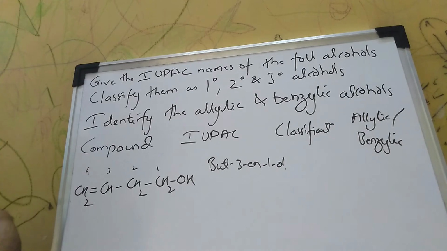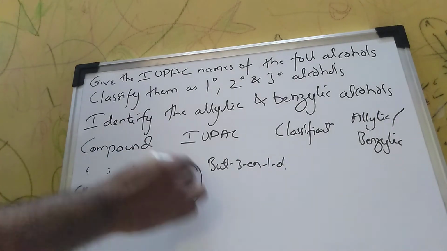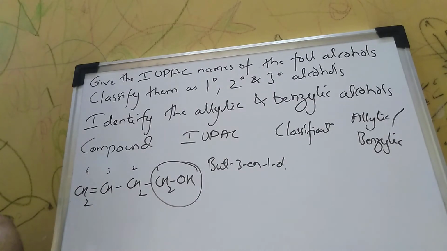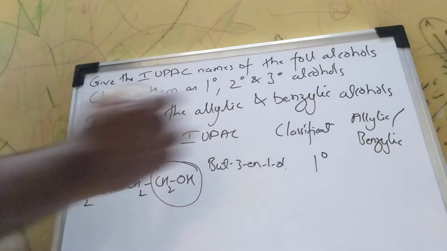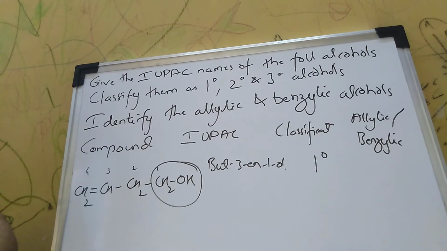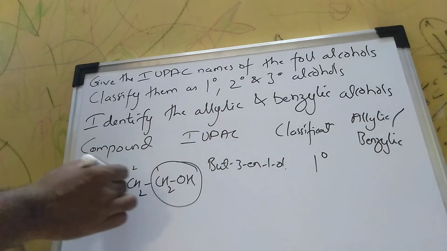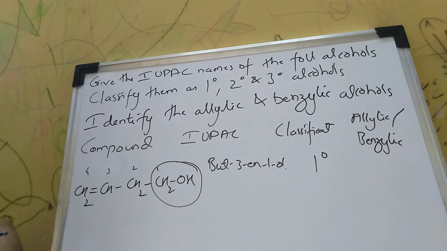Next, the OH is attached to a primary carbon atom, so it is a primary alcohol. Now this carbon is not attached to a double bond over here, so it is not allylic.